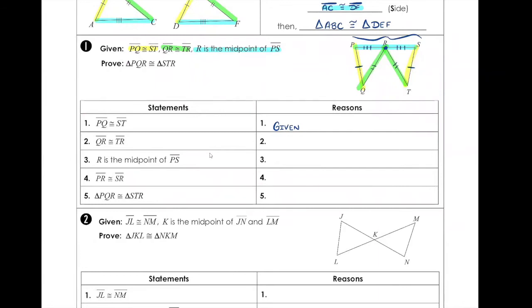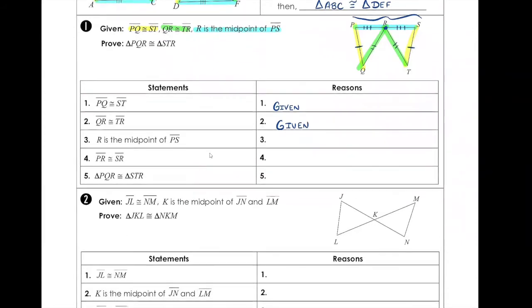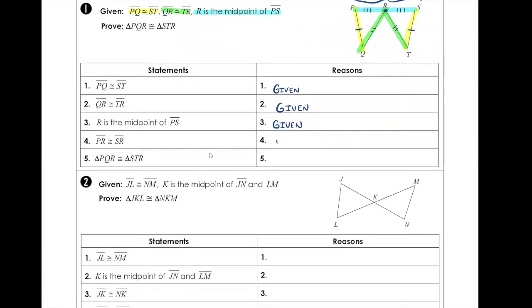You gave it to me. R is the midpoint of PS. How do we know that? They gave it to me. PR is congruent to SR. Definition of midpoint. Look at you guys go.